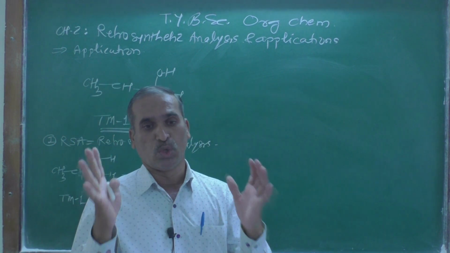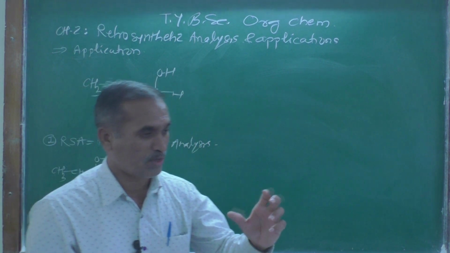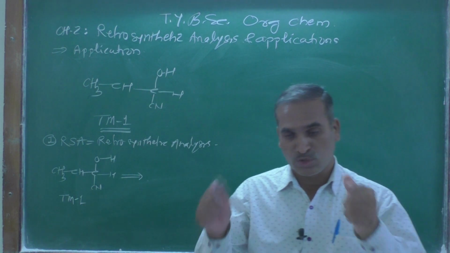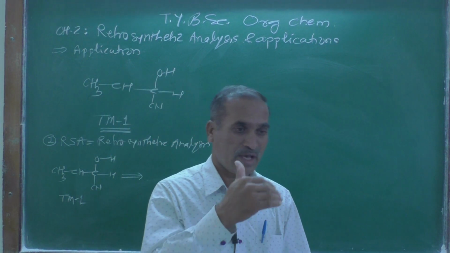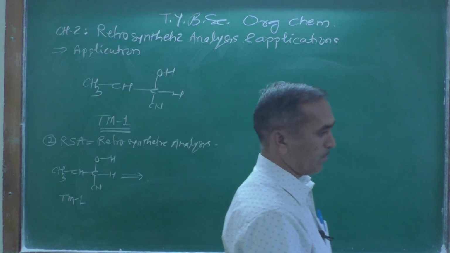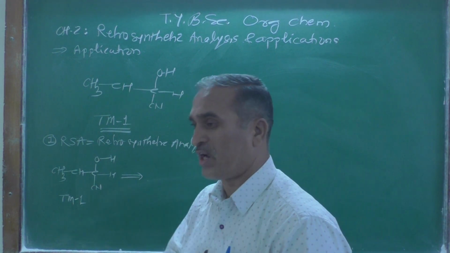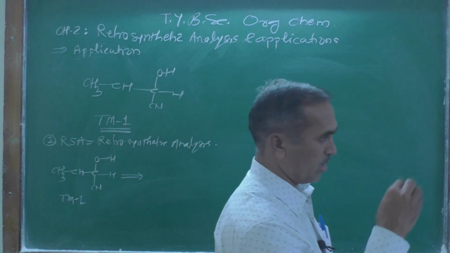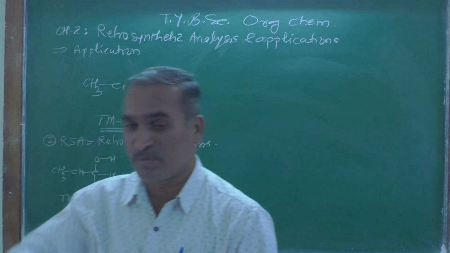So there is no boundary, but ultimately a good synthesis must be high yielding, rapid, giving the yield in a short time, eco-friendly, benign, with minimum pollution or minimum side products.